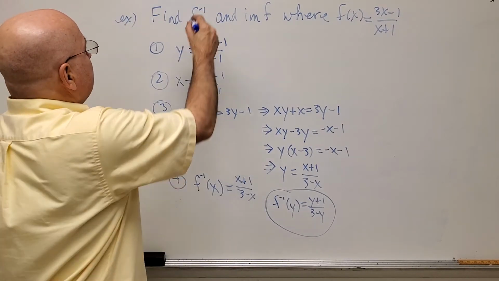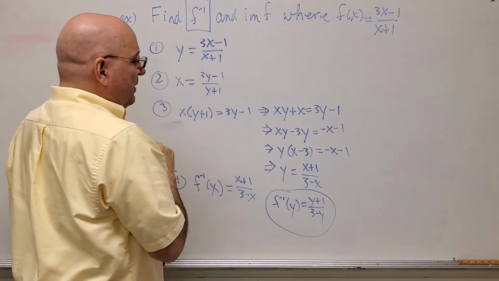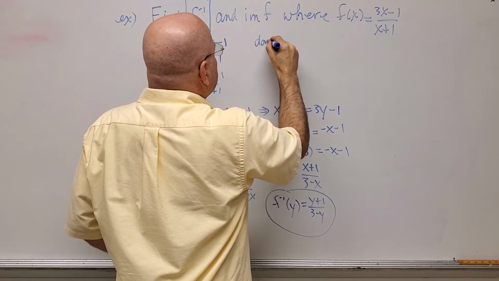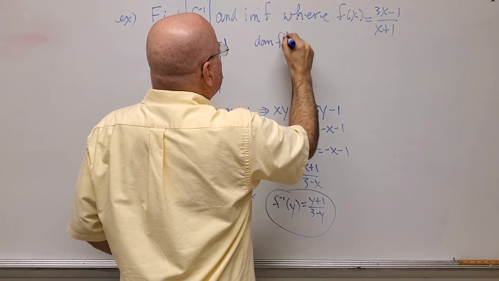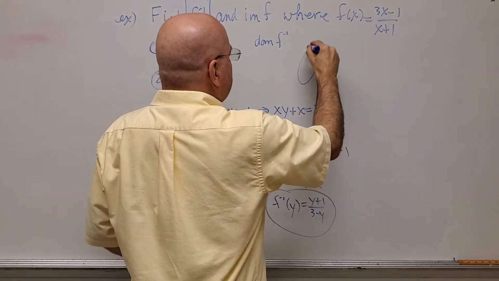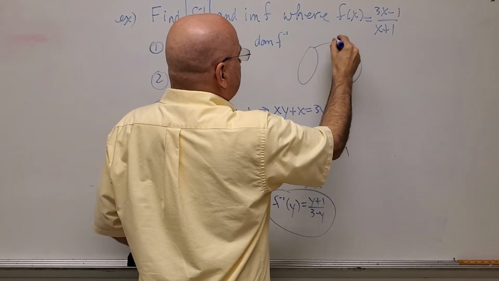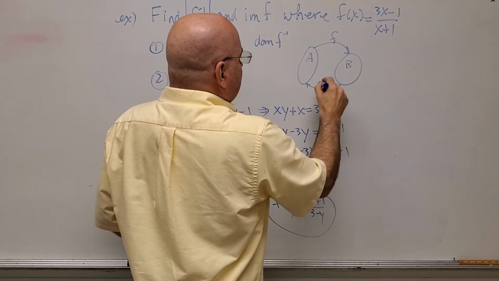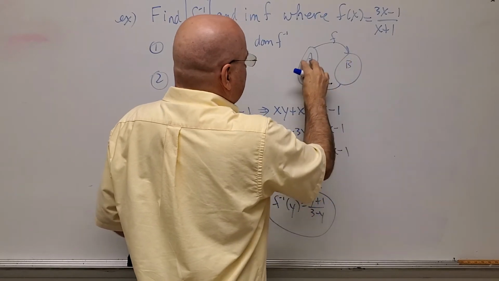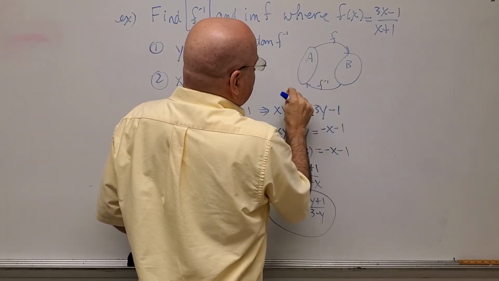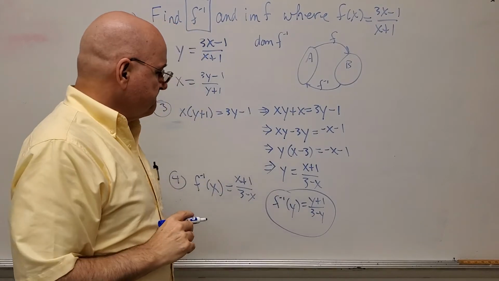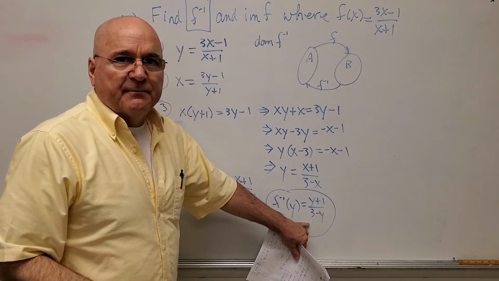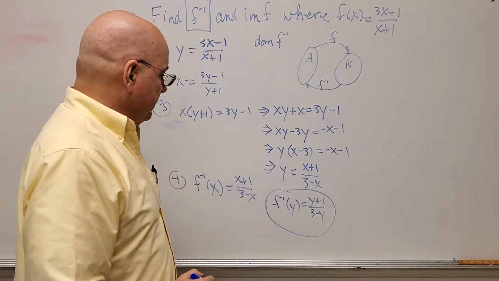Well, we're not done. We did find this. So now the image of f is the domain of f inverse. Remember that picture? f takes A into B. f inverse goes the opposite direction, B into A. The domain of f is the image of f inverse, and vice versa. So it looks like the domain is all real numbers except for the one that'll give us a 0 in the denominator.